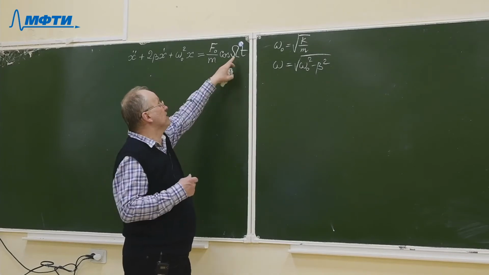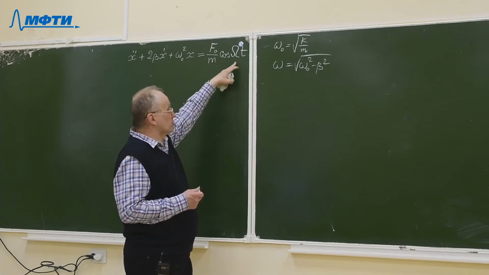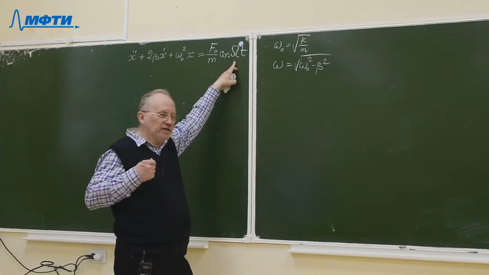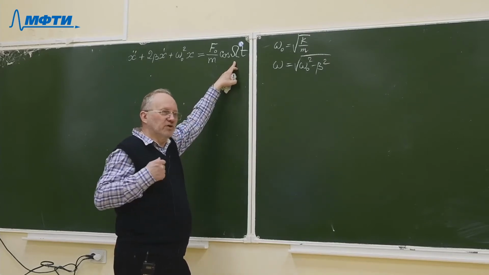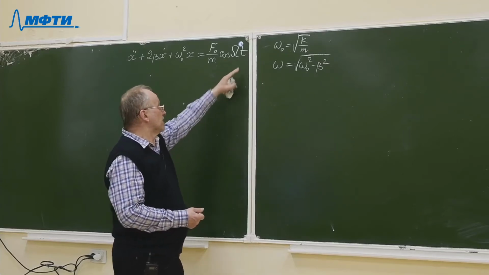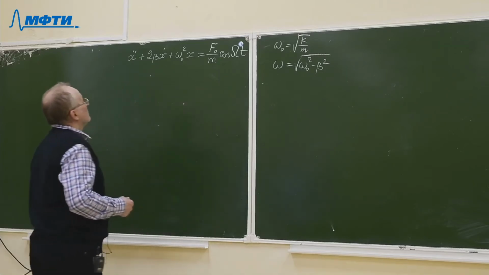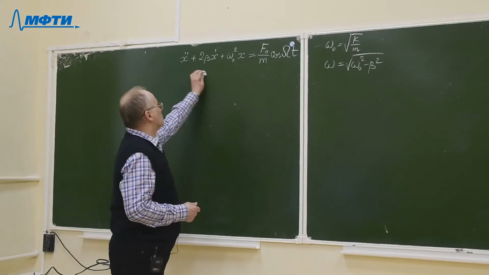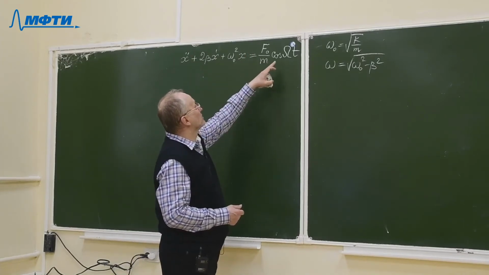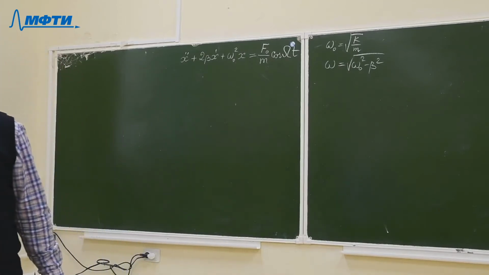I can choose any frequency of the external force because I define the external force by myself. I can be the external force. I can exert this force. So I can push the oscillating body with any frequency which I choose. So this is any frequency, and we have to find the solution to this differential equation, which describes the oscillations under the driving force, that is the external force that drives the oscillations.